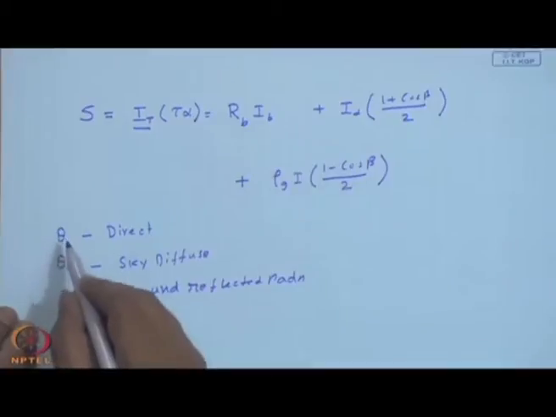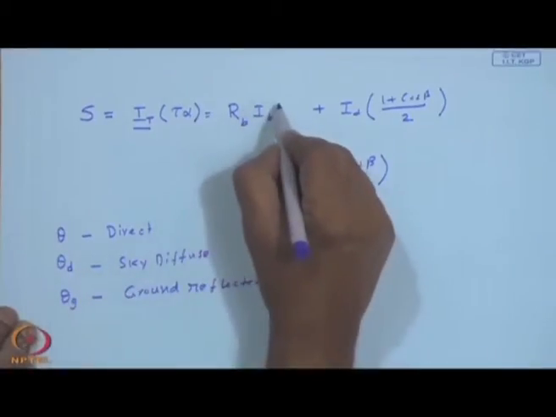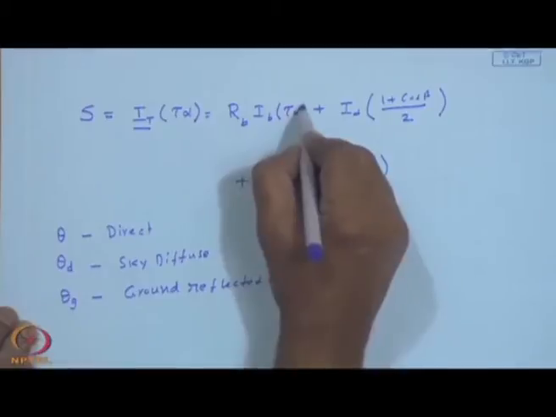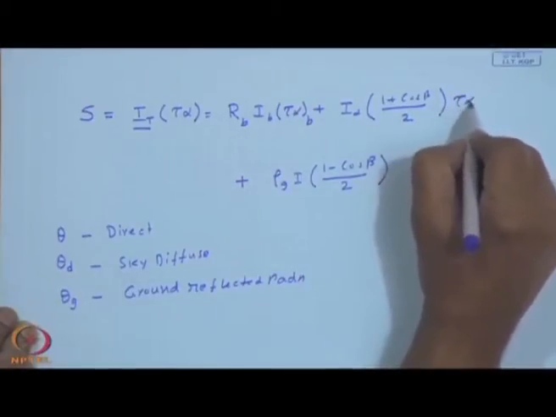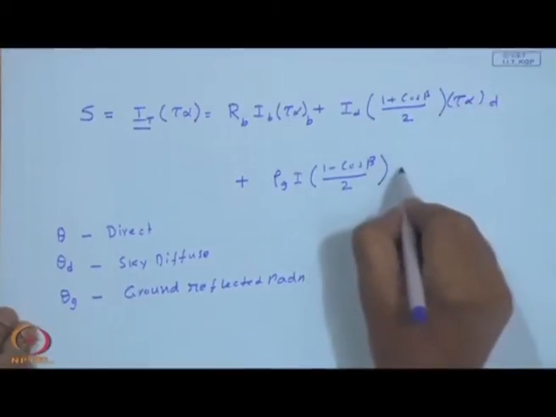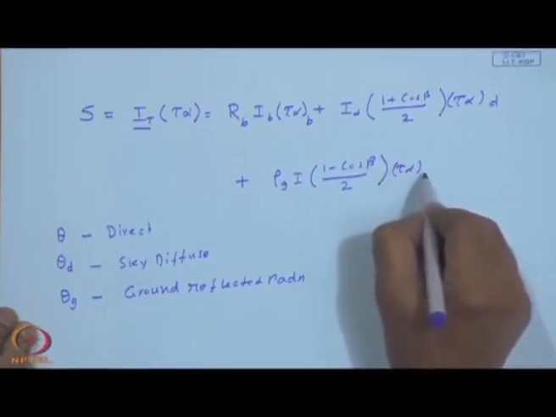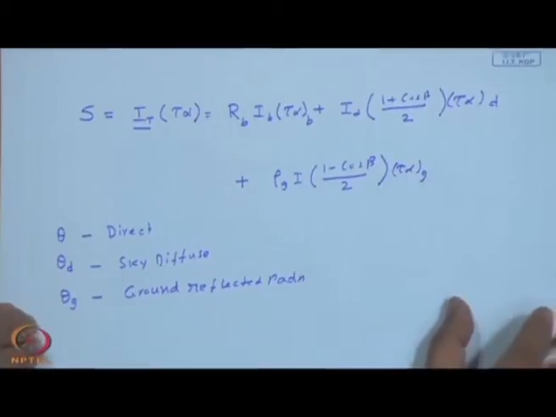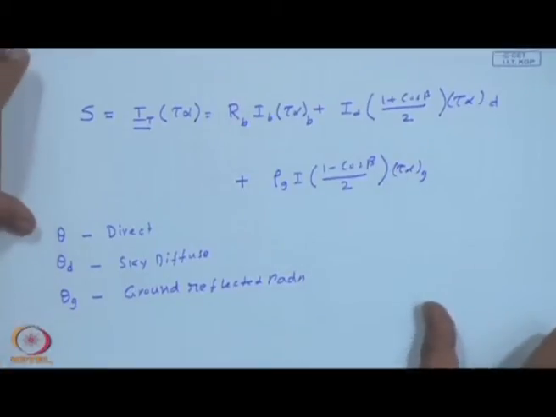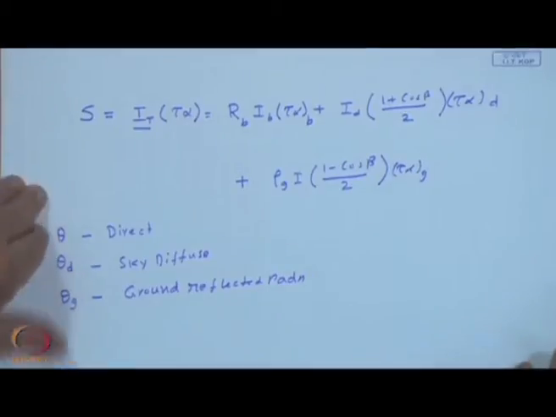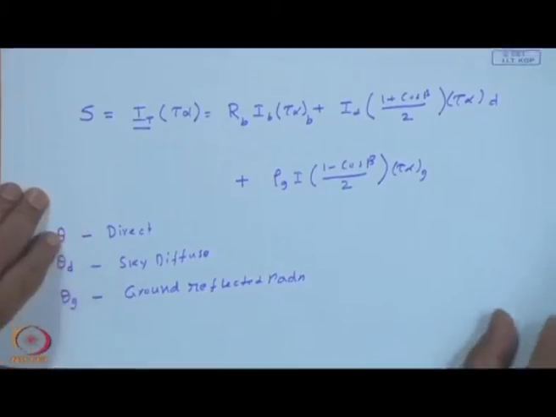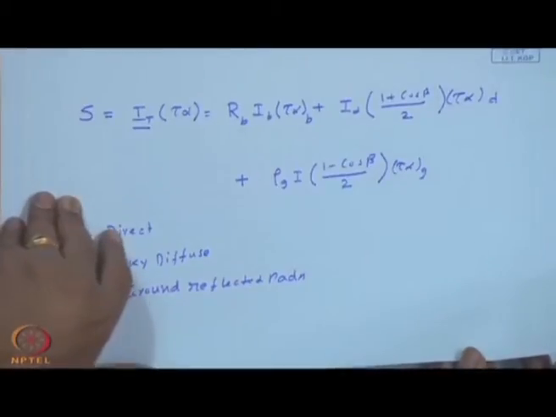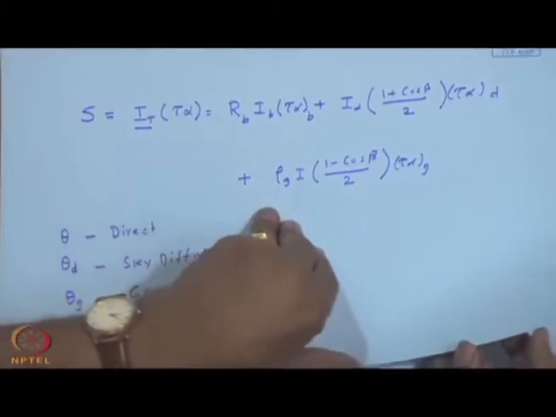So, to distinguish theta, theta_d, theta_g, I shall fill in these blanks with tau alpha designated with tau alpha b, this one with tau alpha diffuse, and this one with tau alpha ground reflected radiation, right. So, now my total tau alpha is a summation of three components: tau alpha direct, tau alpha sky diffuse and tau alpha ground, associated with the corresponding components of the solar radiation striking the surface.